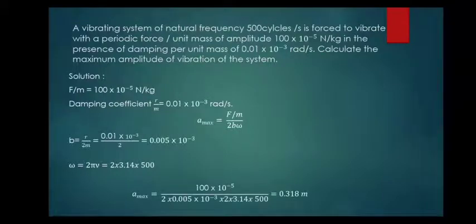Substitute that and the final formula becomes A max equals 100 into 10 to the power minus 5 divided by 2 into 0.005 into 10 to the power minus 3 into 2 into 3.14 into 500. You will get 0.318 meter.